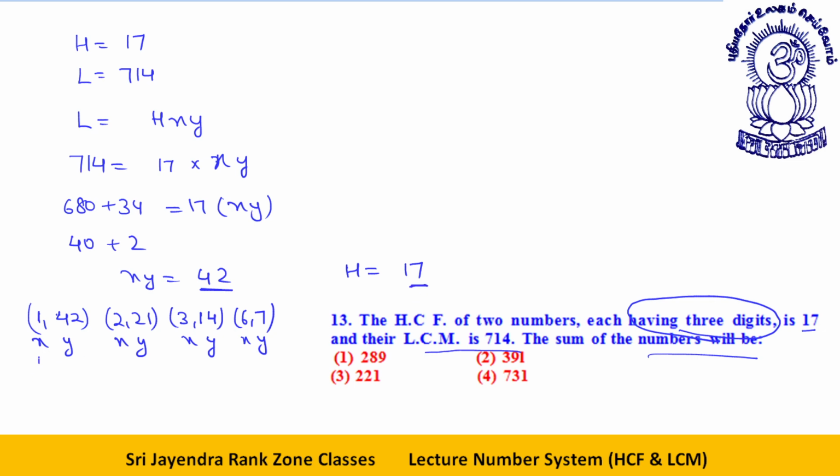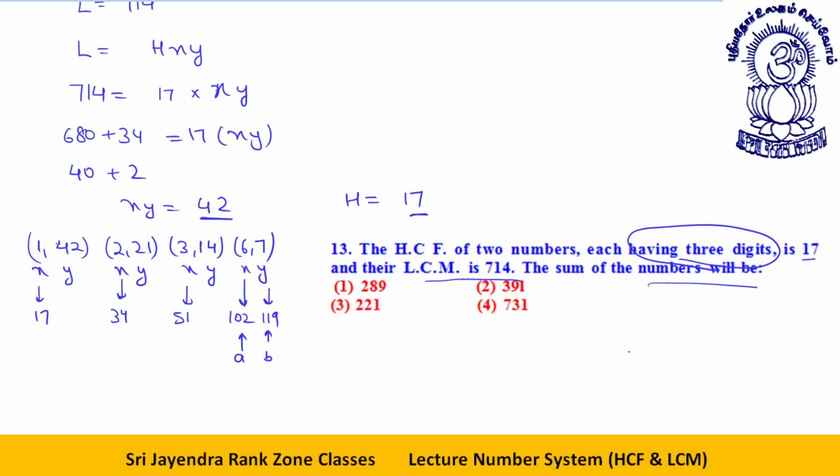H is 17. If I say 17 into 1, you get 17. A is HX, H is 17. 17 into 1 is 17, a single digit... sorry, two digits. 17 into 2 is 34, two digits. 17 into 3 is 51. 17 into 6 is 102. 17 into 7 is 119. This is B. So this is your pair: only 6 comma 7 satisfies that.